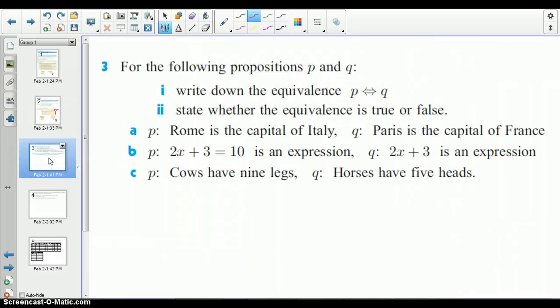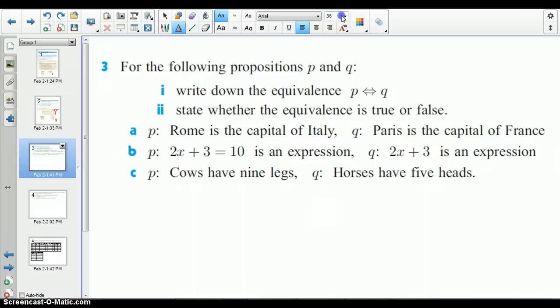So let's look at an example. This is number 3 out of section 17D. It says, write down the equivalence P if and only if Q. Rome is the capital of Italy is the antecedent, and Paris is the capital of France.